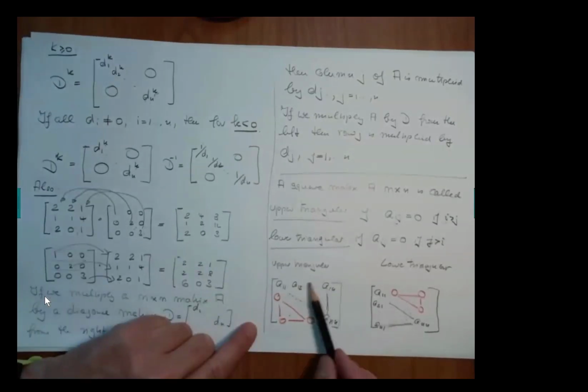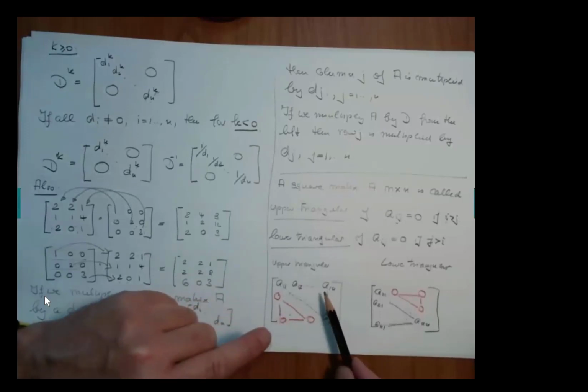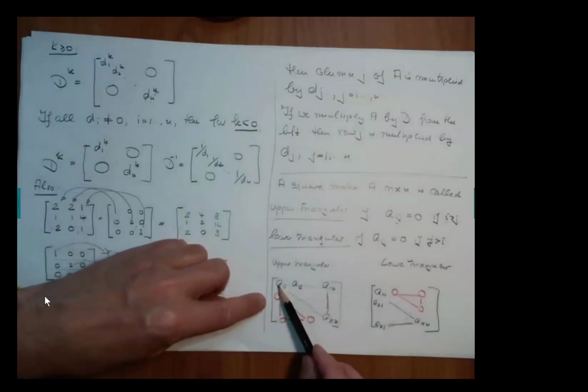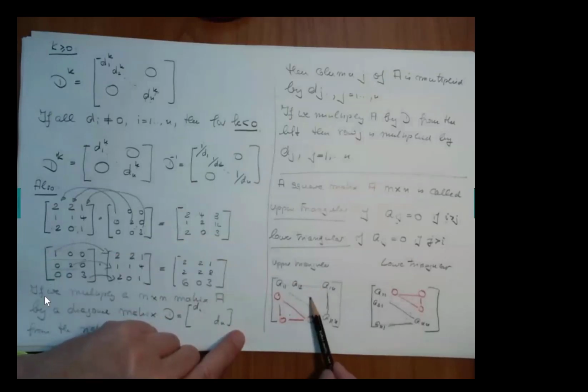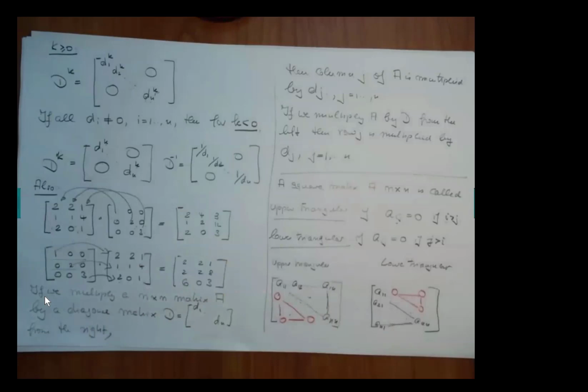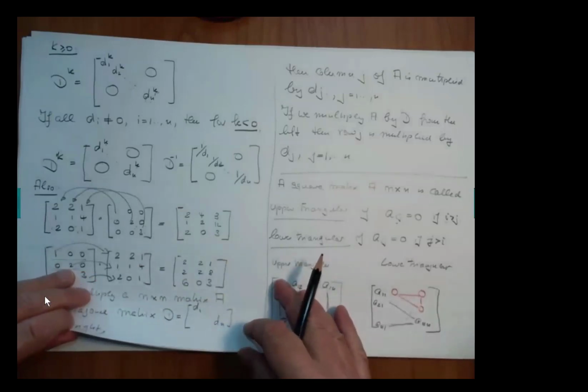Also, if you take an upper triangular matrix and you take the transpose, remember transpose means you switch rows and columns, then you get a lower triangular, and if you transpose a lower triangular, you get an upper triangular. So they go back and forth with the transposition operation. This is the next result we have, theorem 1.71 in your book.